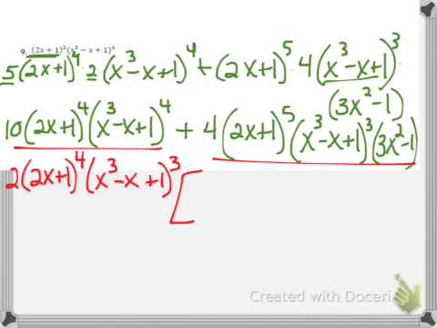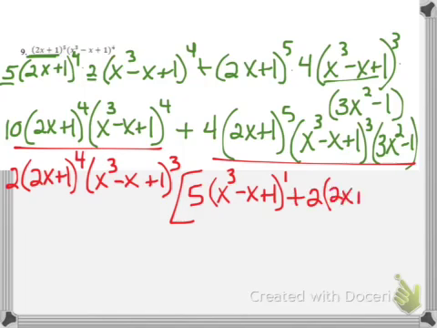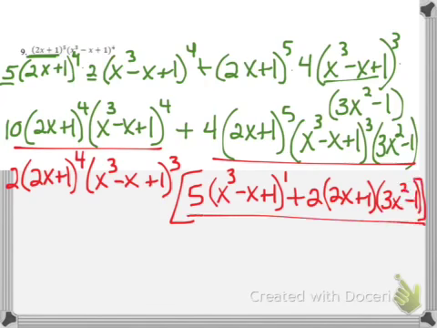I'll use brackets. The first term would just be 5 times (x cubed minus x plus 1) to the first. And then plus, I'd have 2 times (2x plus 1) to the first times (3x squared minus 1). Now your last step would be simplify this.